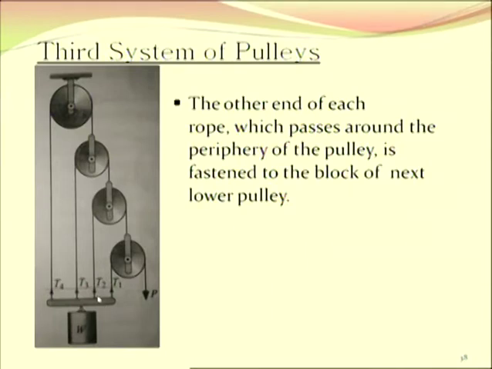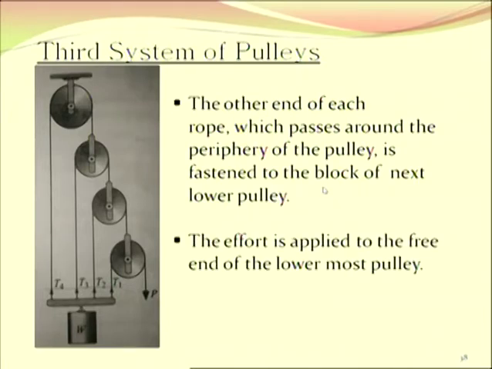So here is the other end of the rope, it is with another pulley; the other end of the second rope is with another pulley; the third rope is also with this. Effort is applied to the free end of the lowermost pulley. So here we can see that effort is applied at the lower end of the lowest pulley.